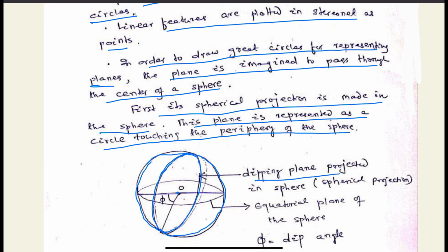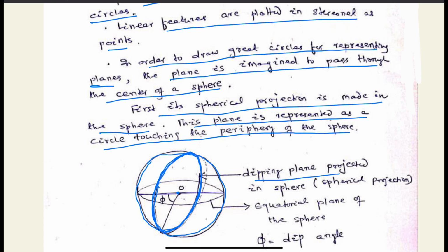This is the dipping plane, and it passes through the center of the sphere, touching the sphere at its periphery in this circle. So this is the circle representing the plane passing through the center of the sphere, and we have this portion at the lower hemisphere and this portion at the upper hemisphere.